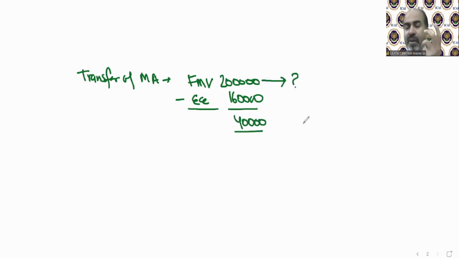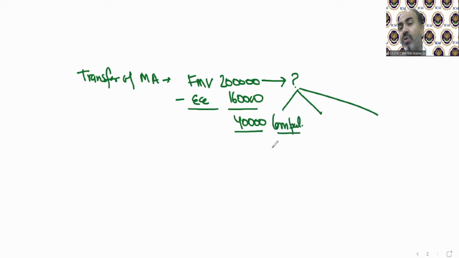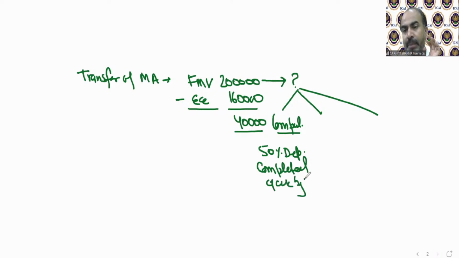The main problem is how to find this value. What we are saying is FMV for your convenience. This is not technically FMV. There is technically a value we need to compute as per the provision given. And it says, if it is a computer, then the value to be found out for the taxability of the perquisite will be found as follows. 50% depreciation as the reducing balance method will be applied for each completed year of use by the employer.